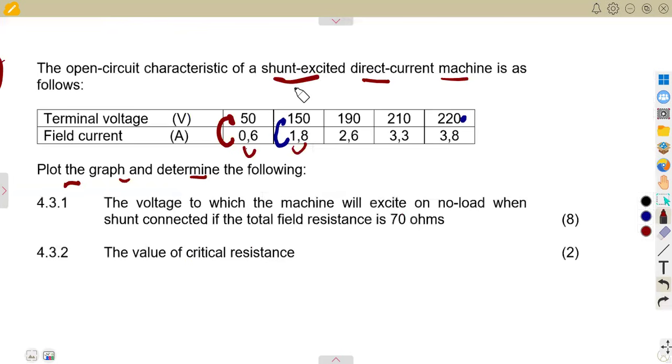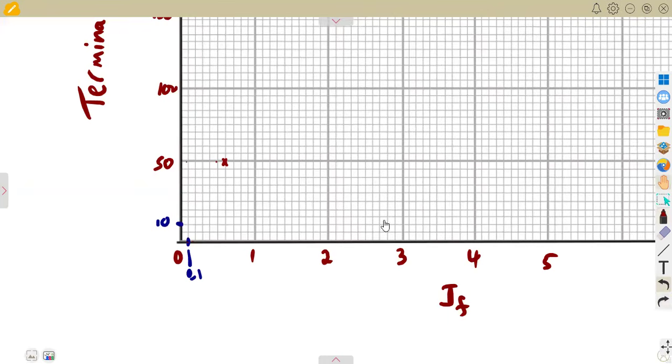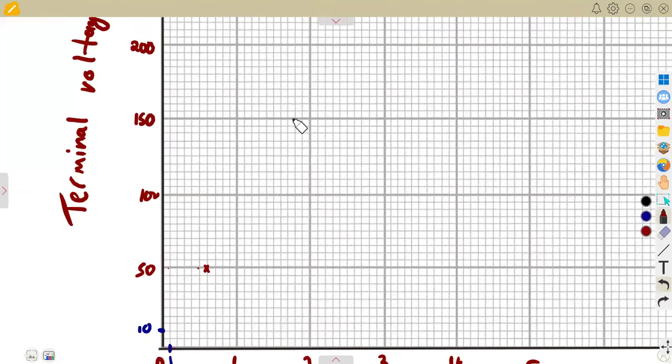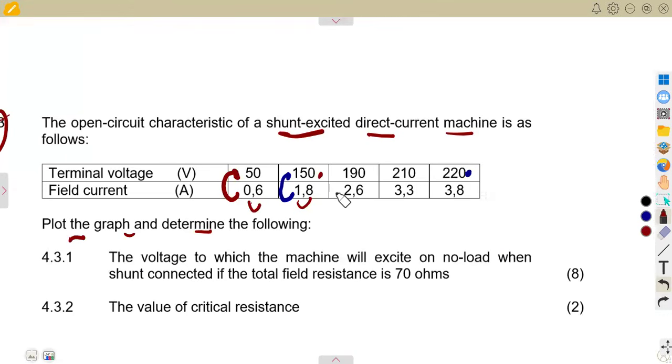So we must consider that when we are at 1.8, we need 150. Sorry, guys, 150 is already there. So 1.8 is just going to be 2 boxes before 2, somewhere there. You see this, guys, because of that thing that I was checking before, I think I'm on that other graph. Anyways, that is 2.6 versus 190.